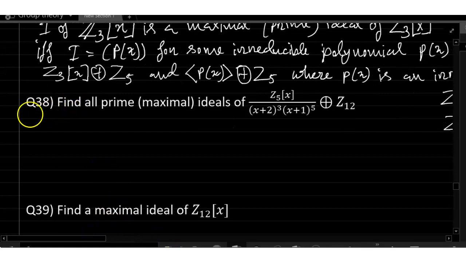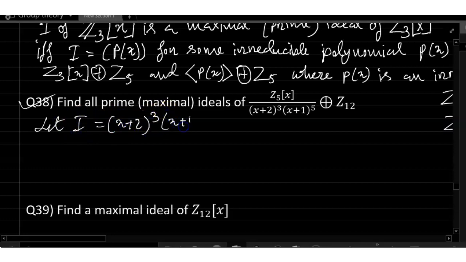Now find all prime and maximal ideals of Z3[x], (x plus 2) whole cube, (x plus 1) to the power 5, plus Z12. Let I equal (x plus 2) whole cube, (x plus 1) power 5.